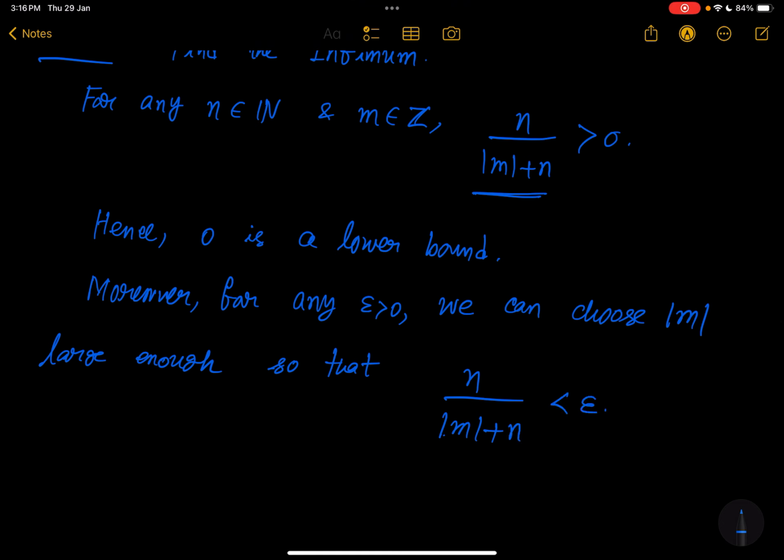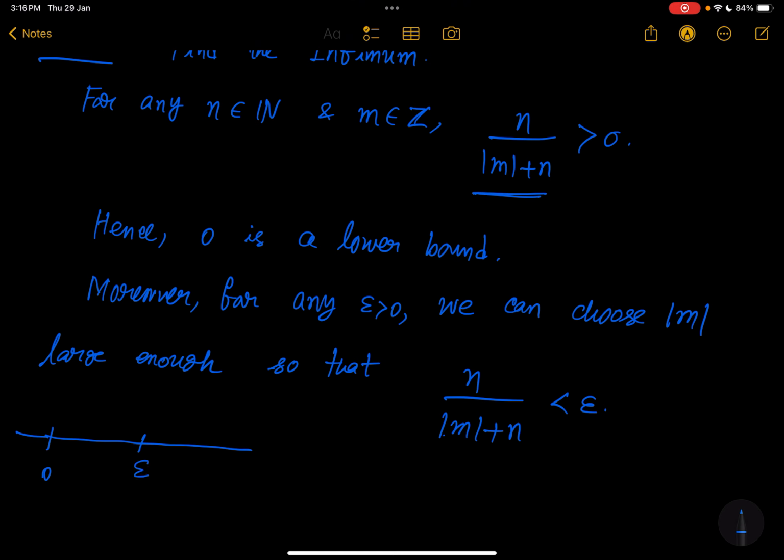So 0 is a lower bound, and I don't know whether 0 is the greatest lower bound or not, so I will take any epsilon which is positive.